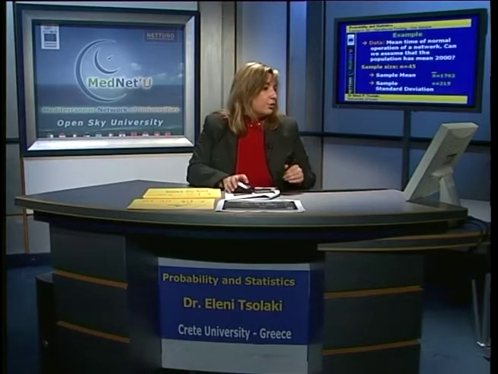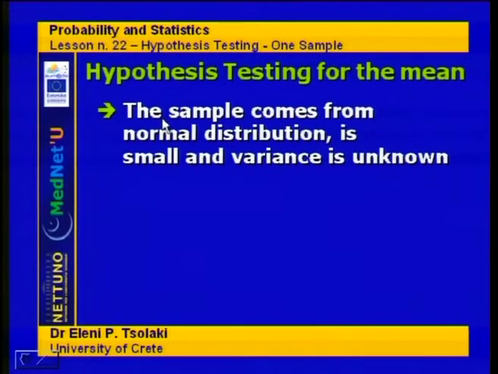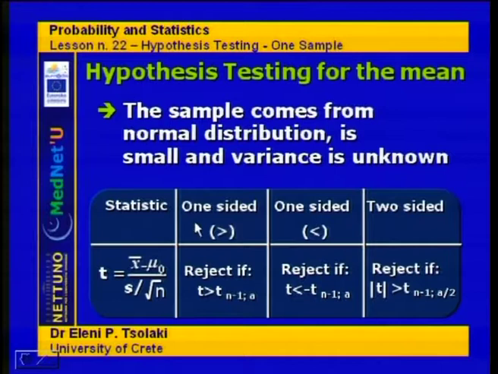Now we are going to see what happens when the sample comes from a normal distribution. The sample size is small this time, and the variance is unknown. As for the confidence intervals, we remember that instead of the standard normal distribution, we would use the t-student distribution.